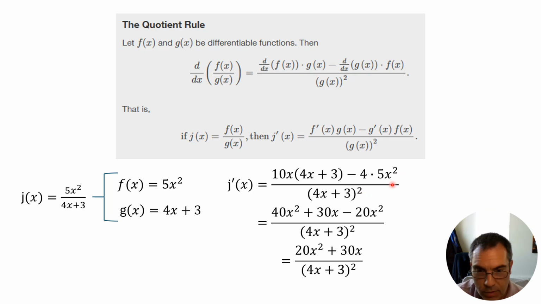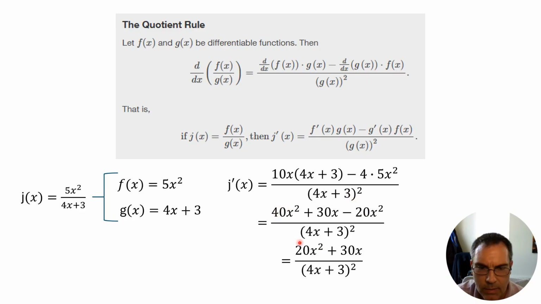So now, simplifying what's on top, I'll distribute through the 10x. So 10x times 4x gives me 40x squared. 10x times 3 gives me 30x. And then 4 times 5 gives me 20. So I have a 40x squared minus 20x squared.